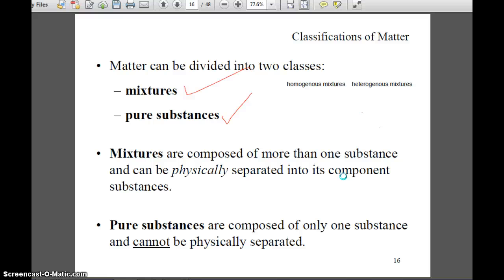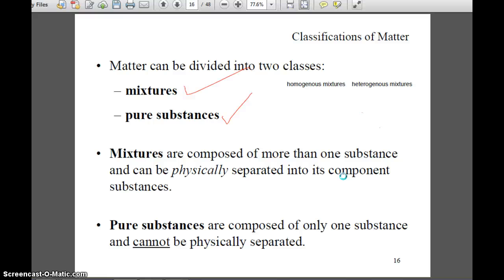Realize that the copper wire still remains copper, the gold still remains gold, until you reach a point where you have just one atom of copper or one atom of gold. And so a pure substance essentially contains only one substance that cannot be physically separated.